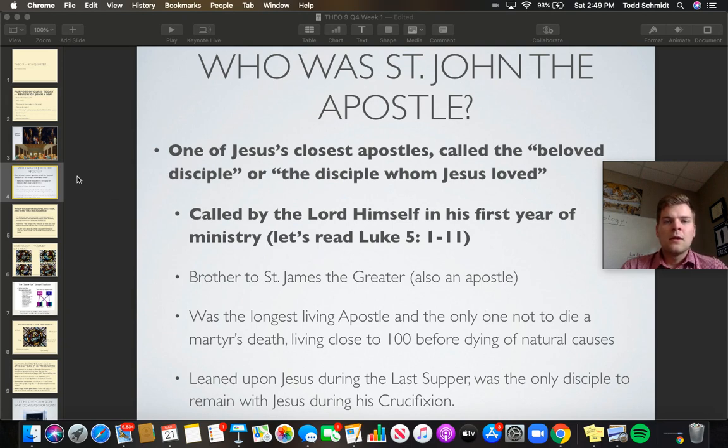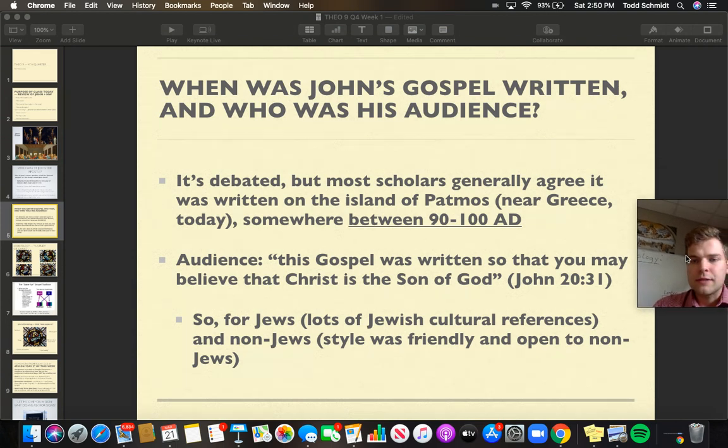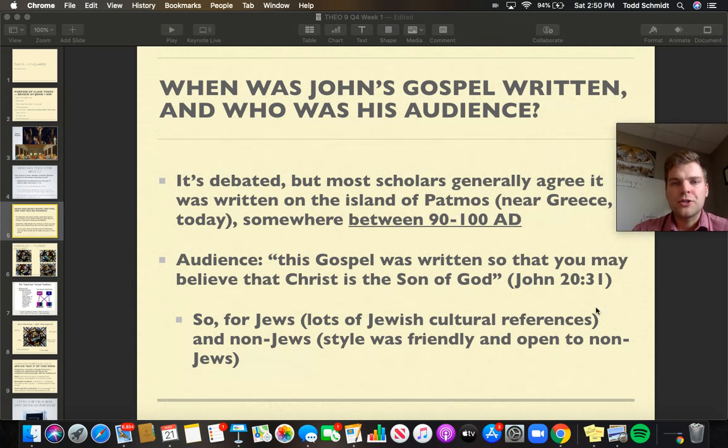Okay, so that's a little bit about who he was. When was his gospel written? We didn't really cover this all that much in class. Like the authorship of some of the other gospels, it's debated when John's gospel was written, but most scholars generally agree that it was written last in order of time compared to Matthew, Mark, and Luke.